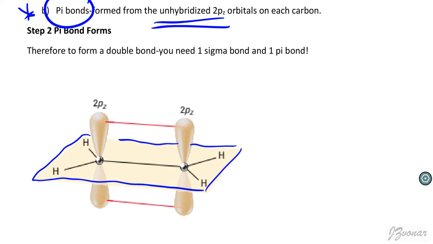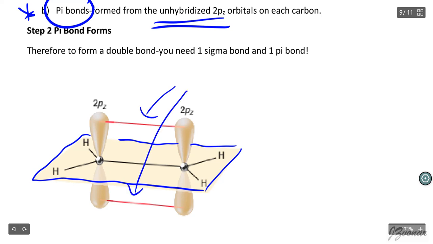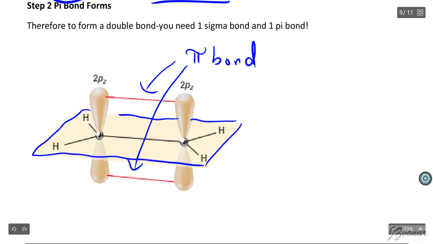What's sticking out above and below the plane are the normal p orbitals. This is my electron density cloud, and this one here is also my electron density cloud, and together they form a pi bond.